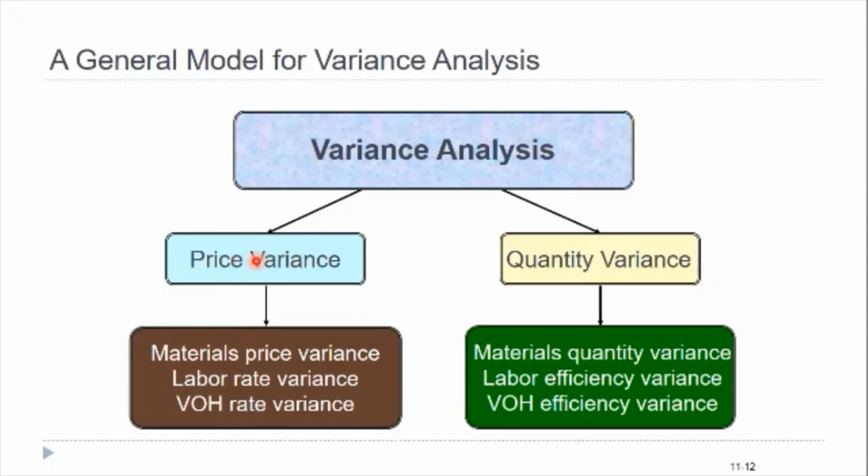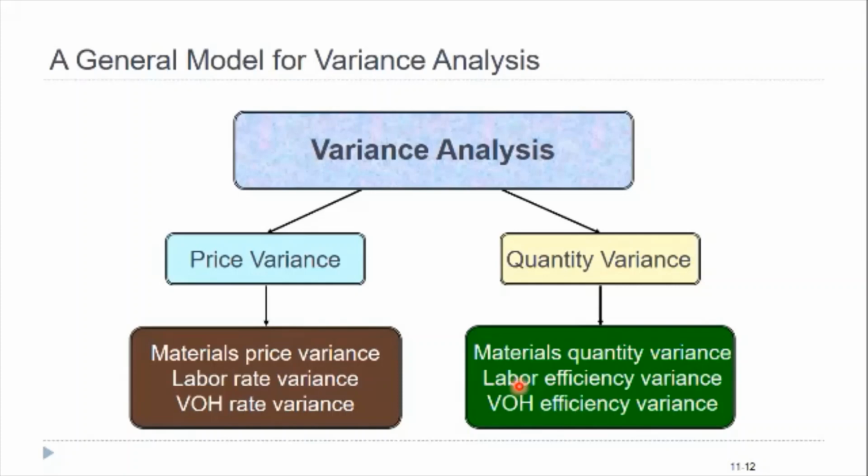But they are related to the price of the element, of course. And the quantity variances could be divided into the materials quantity variance. This is where the actual would vary from the budgeted, and the labor is an efficiency variance, and so too is the variable overhead.